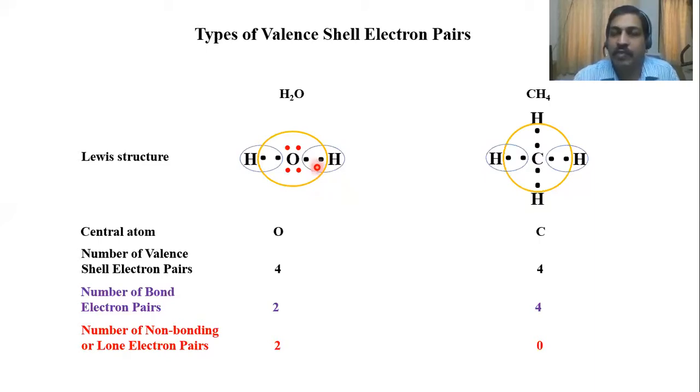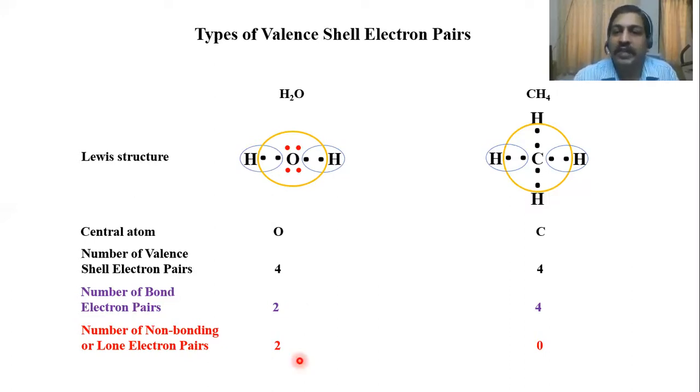Since they are involved in bonding, they are known as bond electron pairs. Now the other two electron pairs shown by red dots are not involved in bonding, so they are called non-bonding electron pairs or lone electron pairs. So around oxygen there are two bond electron pairs and two non-bonding electron pairs or lone electron pairs.